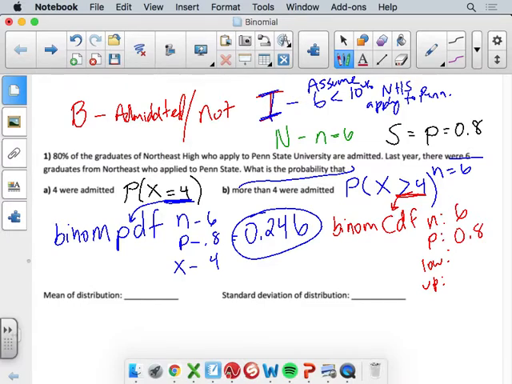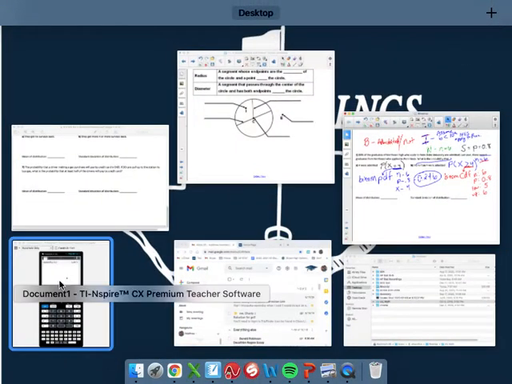In this case, more than 4, so it could be 5. It does matter: if it was greater than or equal to 4, you'd do 4, but it's 5. You do have to be careful there. There are always mistakes. And then the biggest value is 6, the number of trials. I don't think the calculator would let you do more than 6. So let me come over here with the calculator.